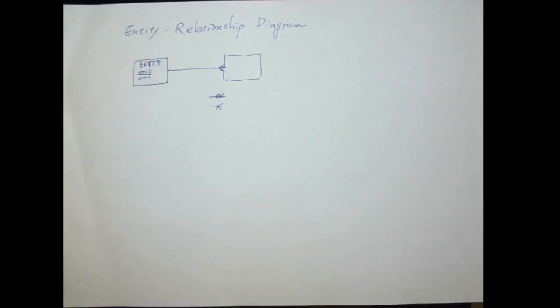Now, for a relationship, we need to interpret the relationship from two viewpoints, one from the left to the right and the other from the right to the left.